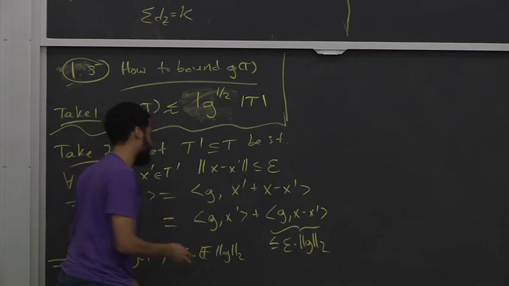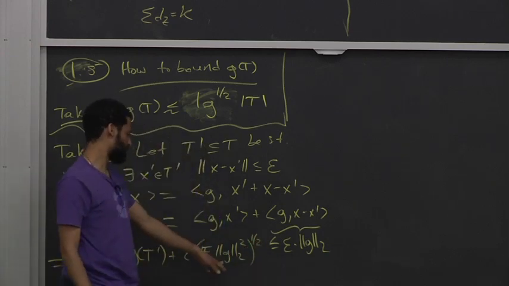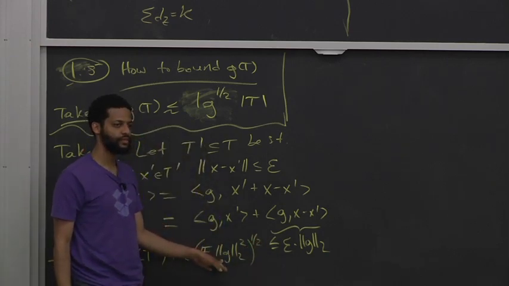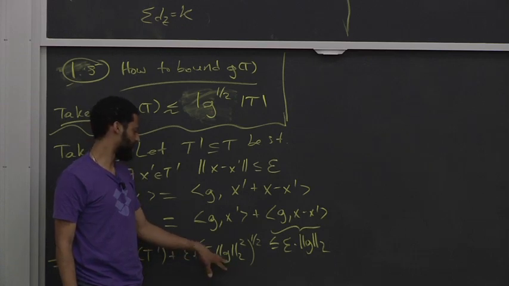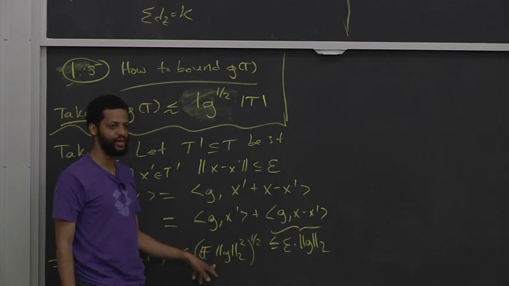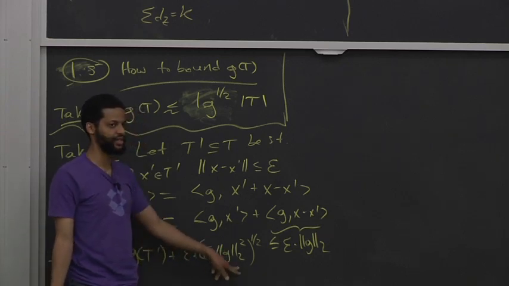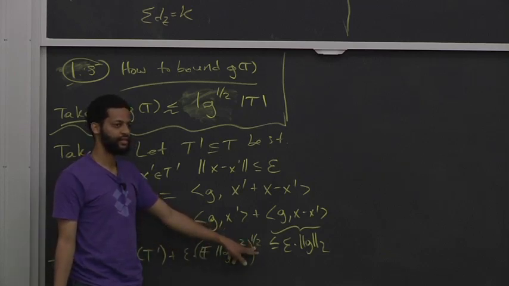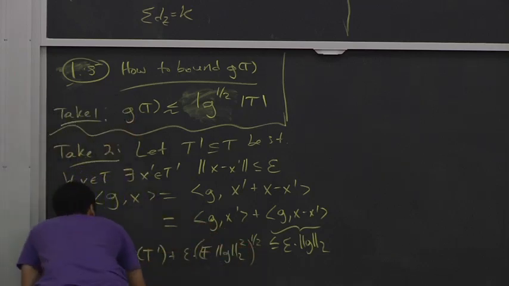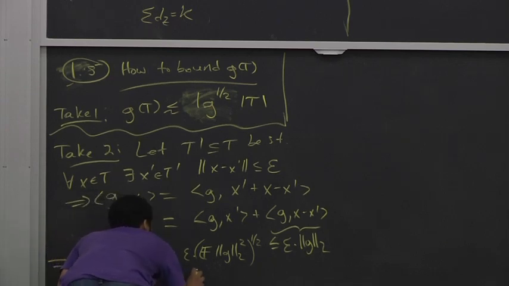So this is at most the square root of the expectation of g squared. What's the inside expectation here? It's g1 squared plus g2 squared plus dot dot dot plus gn squared. The expectation of gi squared is 1, so the inside is little n, the dimension. So this is root n, and this is g of t prime plus epsilon root n.